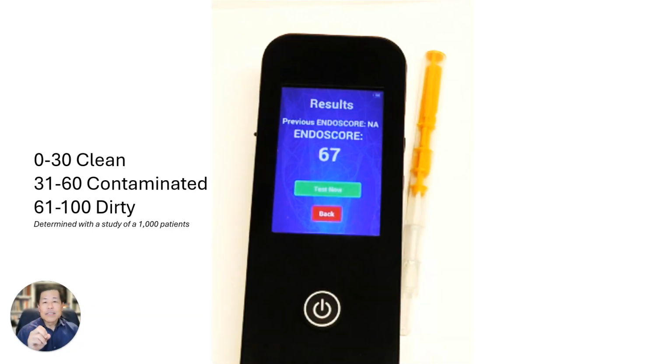The way this works, determined from a study using 1,000 patients, is that if we have a score from 0 to 30, the canals are clean. We can obturate and fill those canals with confidence. If we have a score of 31 to 60, the canals still are contaminated, and 61 to 100 means they're really dirty.